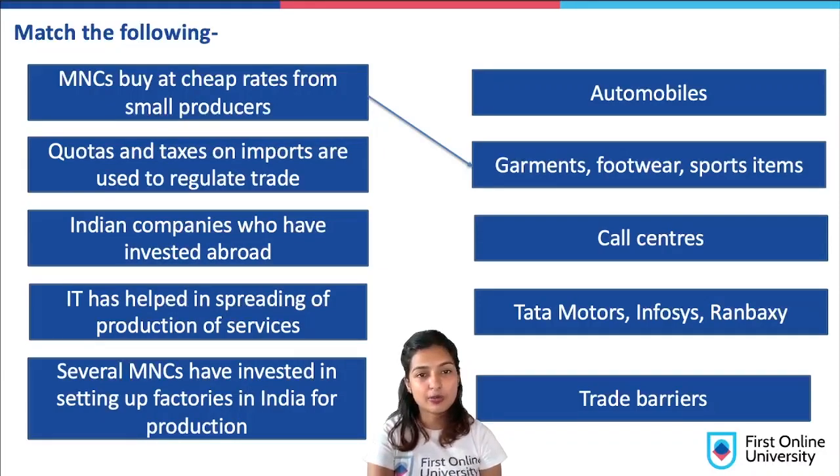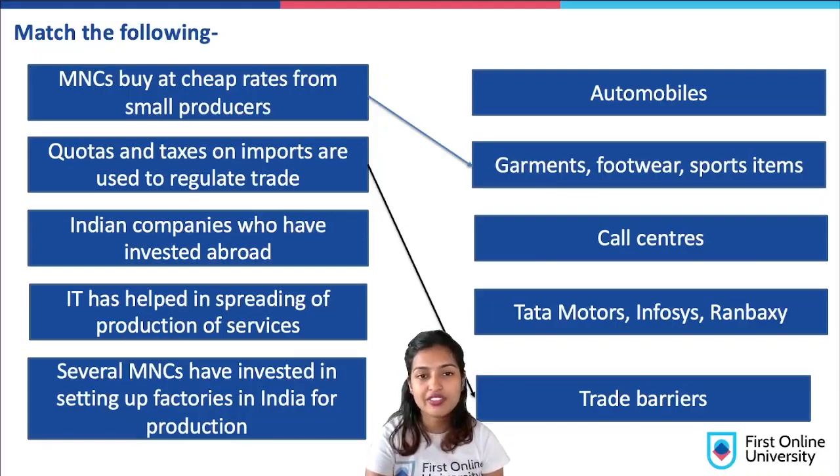Quotas and taxes on imports are used to regulate trade. So, which term does this statement correlate to? The quotas and taxes on imports used to regulate trade are ultimately called trade barriers.